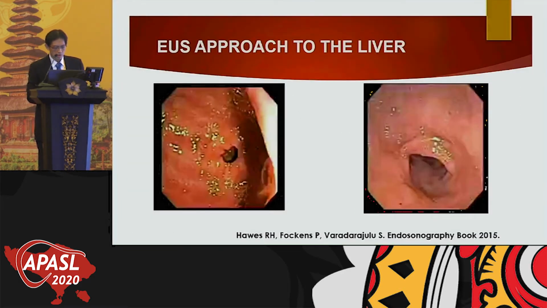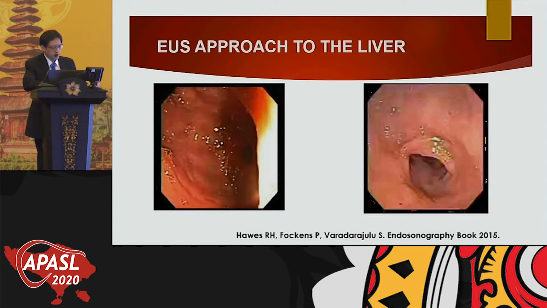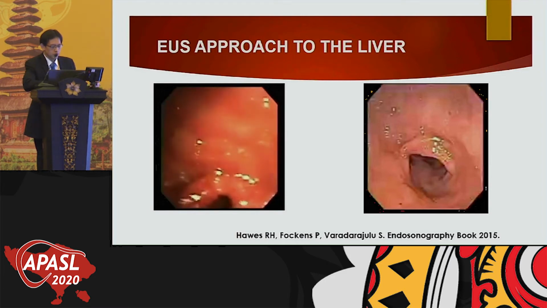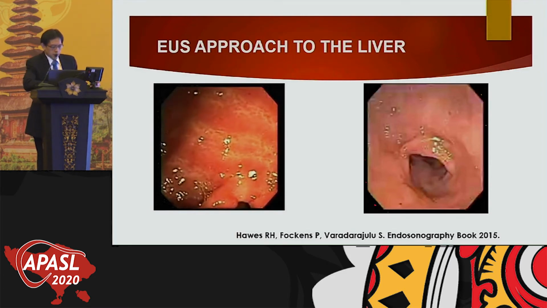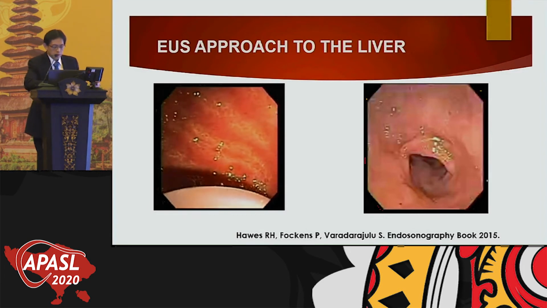This slide shows how to perform EUS in the stomach: inserting the scope and then inflating the balloon in the gastric antrum.